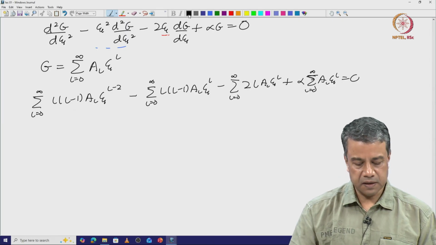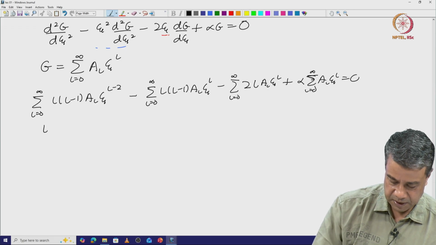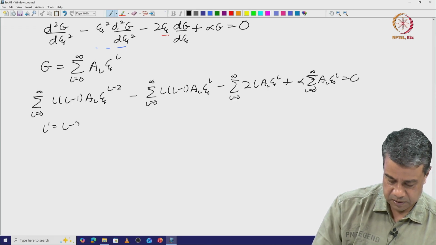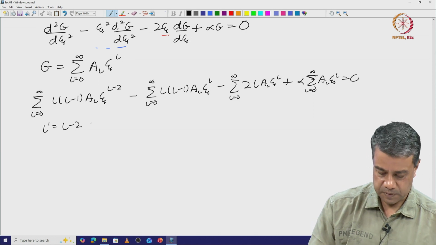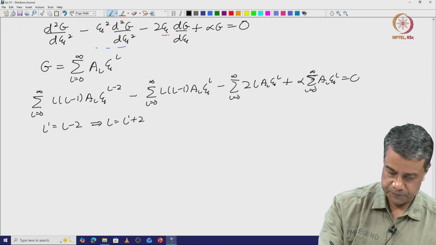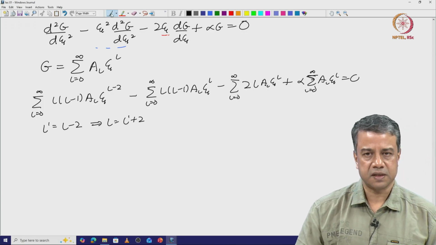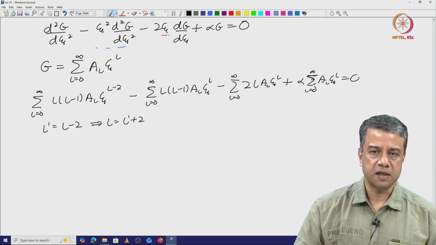And then what we had done in the first term is to re-express L prime is equal to L minus 2, which implies that L is equal to L prime plus 2. So, for L is equal to 0 and L is equal to 1, this term is identically 0. It starts only at 2.